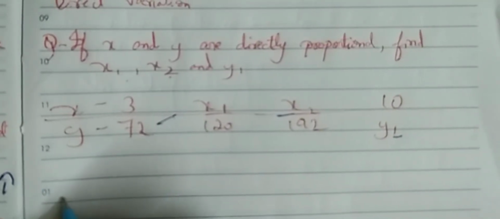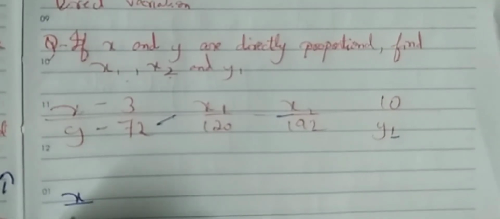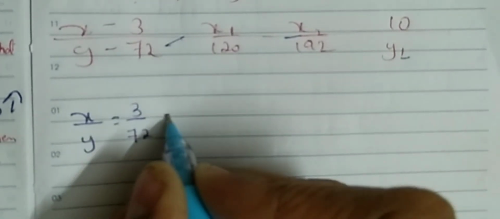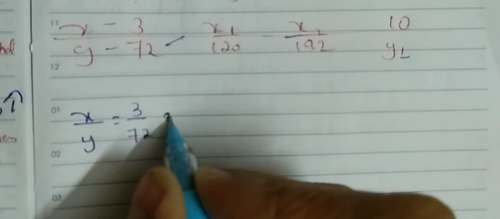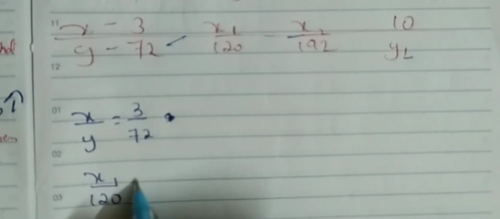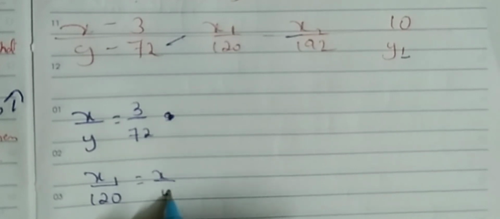Let us study first. x upon y is equal to, in the first case, 3 upon 72. Let's leave it now. Now x1 upon 120 is also equal to x upon y.